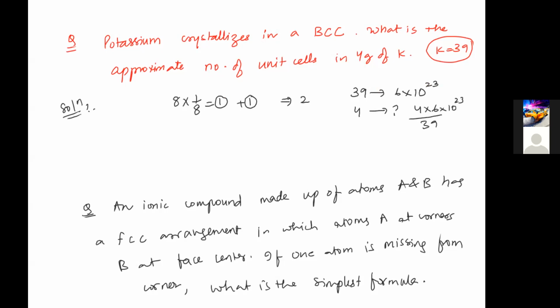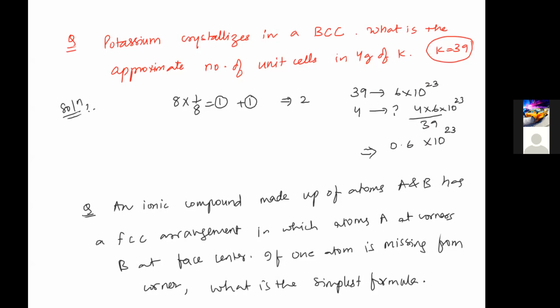So the number of unit cells here will be whatever value you're getting. Let me multiply: 4 into 6 is 24, and 24 divided by 39, I got 0.6. So I got around 0.6 into 10 power 23.